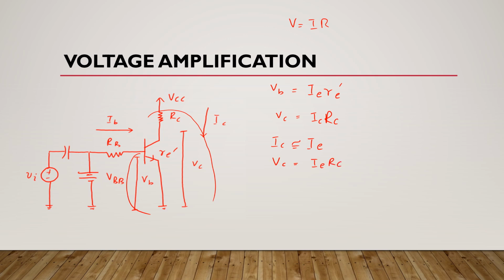Now here, this AC base voltage VB can be considered the transistor AC input voltage.